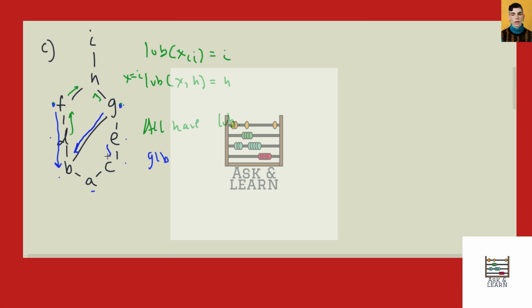E and F are going to have the greatest lower bound of A, and similarly, anything in this column here is going to have that greatest lower bound of A. So it seems like everything has a least upper bound and a greatest lower bound, and you could write them all out if you want, or you can just use this rationale here. All have greatest lower bounds, so that means this is indeed a lattice.